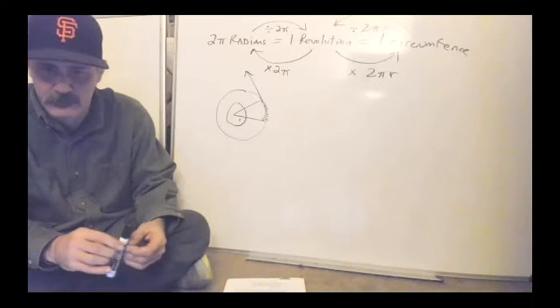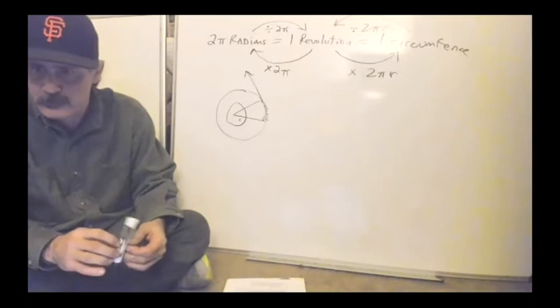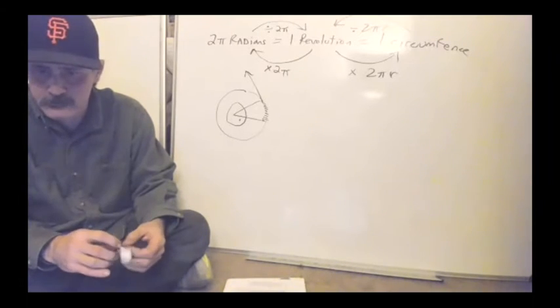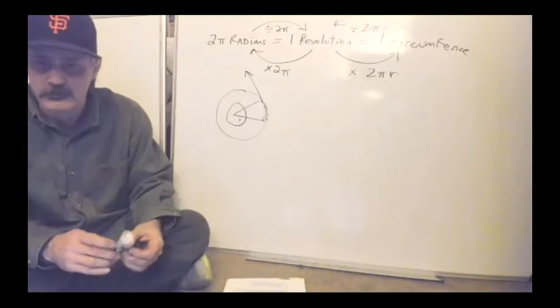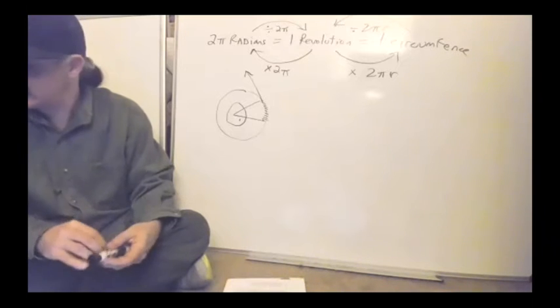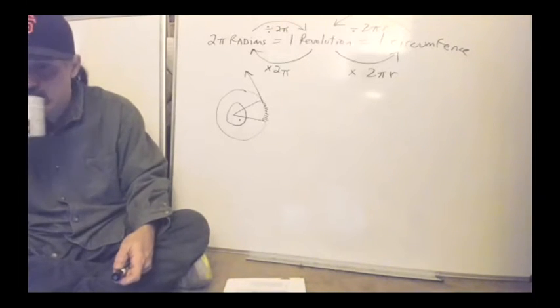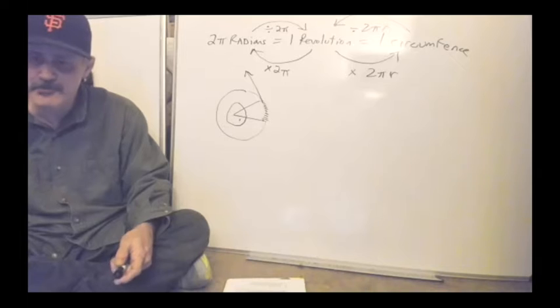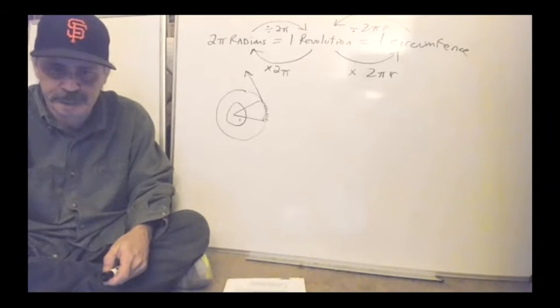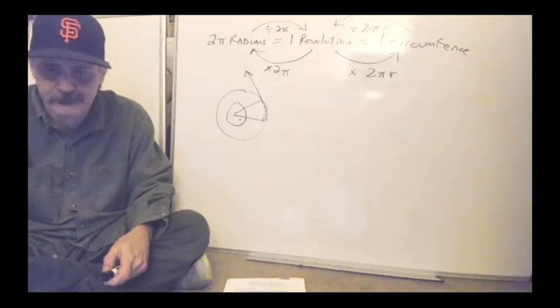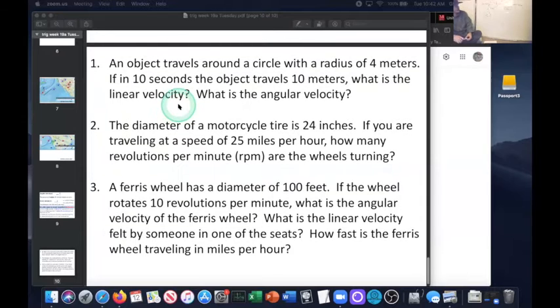Okay, so we'll have 3 examples. And I think I gave you guys 13 problems. All right, so this first problem, this object travels around a circle that has a radius of 4.